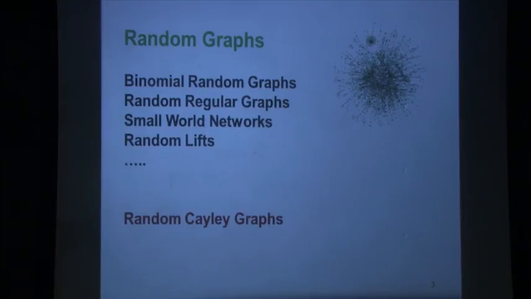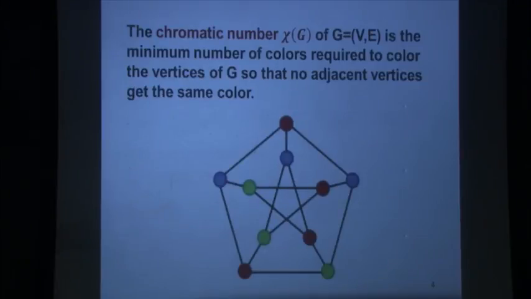So just to give you some motivating questions to show that the results here are somewhat unexpected, but first maybe I'll say what is the definition of the chromatic number of a graph. This is what is written here.